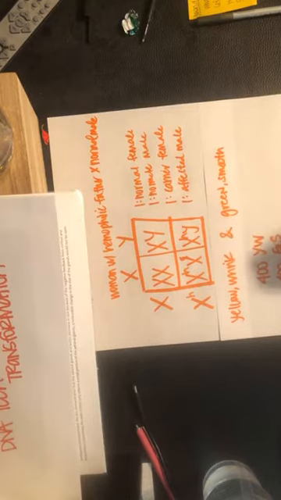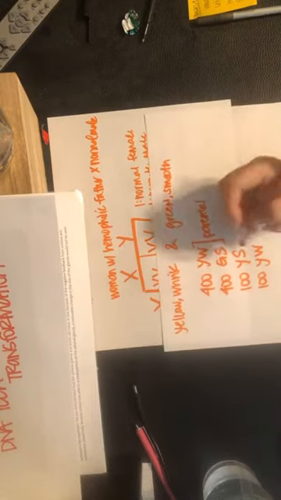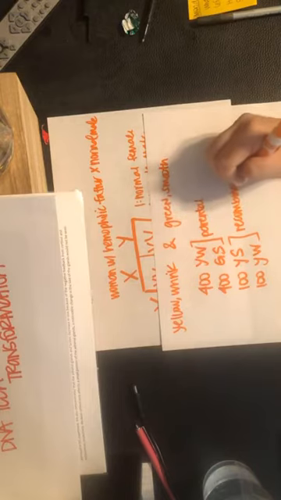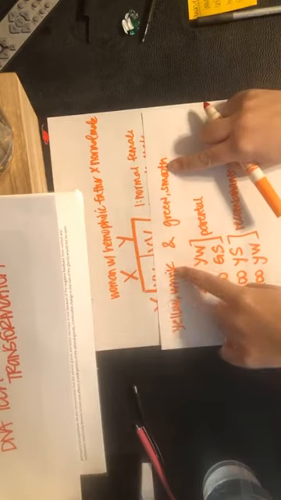If you cross those 2 together and you end up with 400 that are yellow wrinkled, 400 that are green smooth, 100 that are yellow smooth, and 100 that are green wrinkled, because most of them look like the parentals, that would tell you that those traits are linked. And then these 2 would be considered our recombinants, because they are a combination of the parents. We've got the yellow with the smooth, the wrinkled with the green.